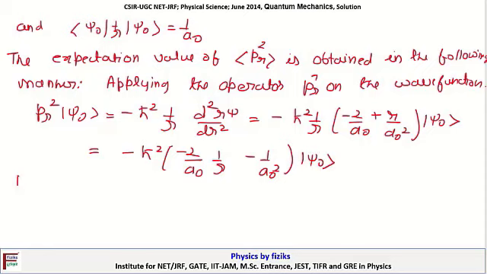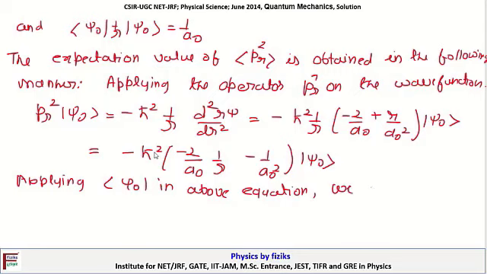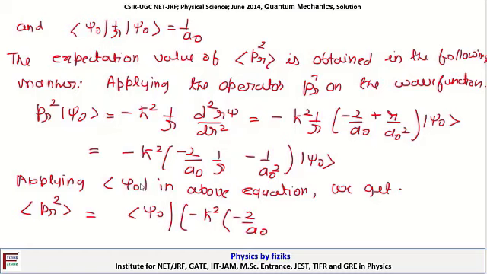So, applying the bra of psi naught on the above equation, we get expectation of P_r square is equal to minus psi_0, minus h square into (minus 2 by a (1 by r) minus 1 by a_0 square) of psi_0.